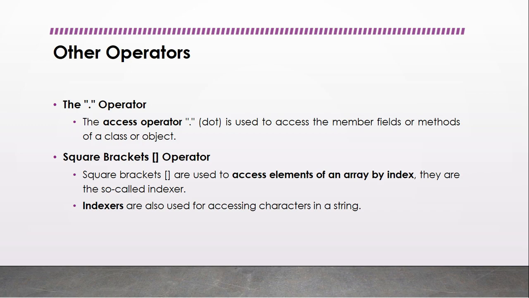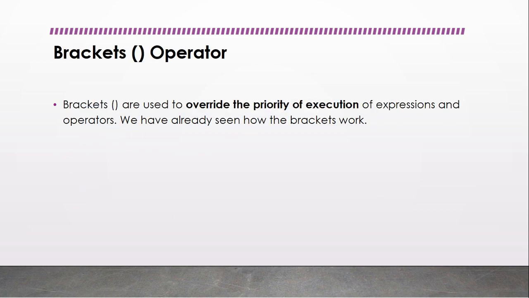Indexers can also be used for accessing characters in a string. Brackets have the highest priority, so you can use these operators to override the priority of execution of expressions and operators.